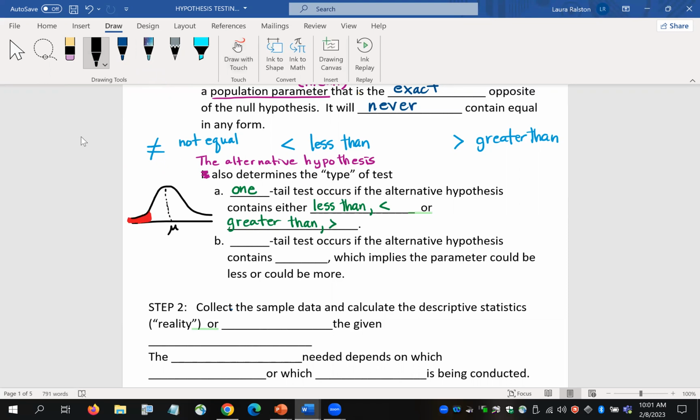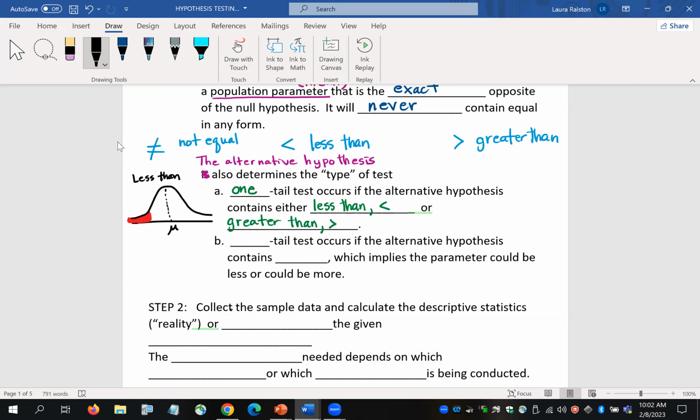Okay, and it'll all come together when we start working a problem. But notice how you only have this one area on the left that is the less than. Okay, so let me write less than here. This is the less than. It only has one rejection region.